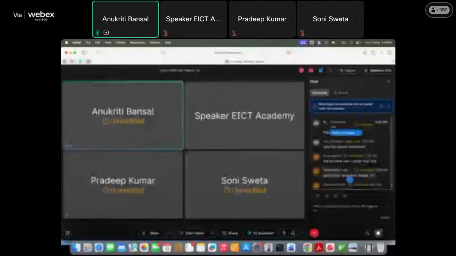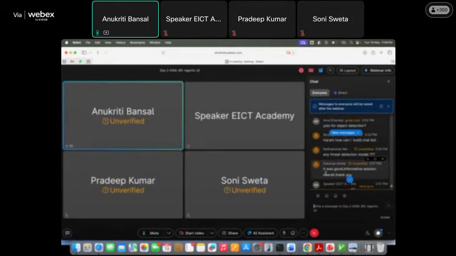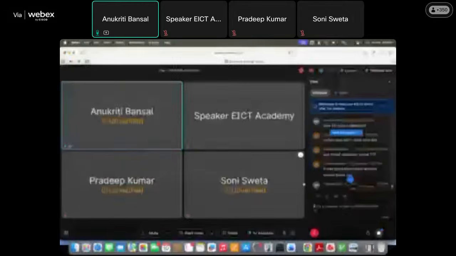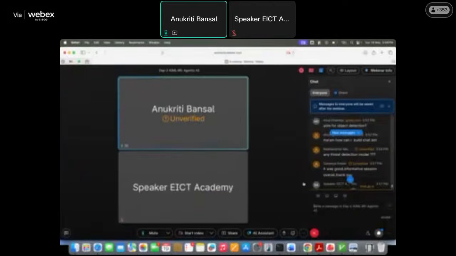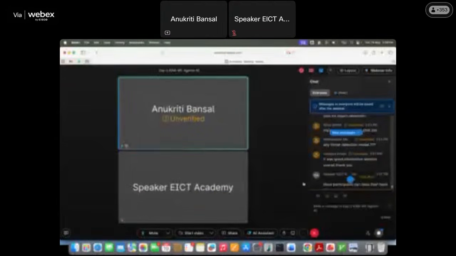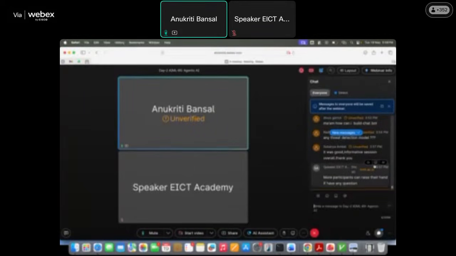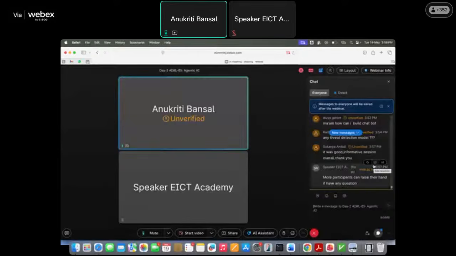There is one question about any threat detection model. I want to make it clear that I'm not aware of any specific threat detection models, but yes, we use these models for finding vulnerabilities in software. They are good at understanding language, so wherever they can understand the question, the content or the text, you can use these models.